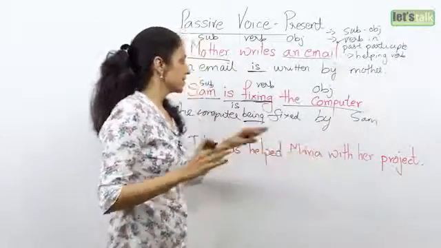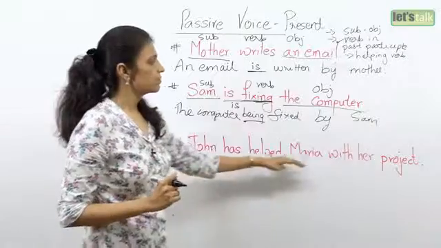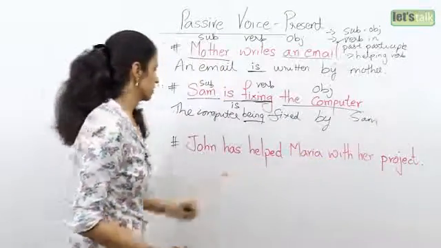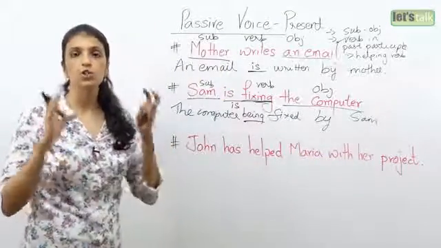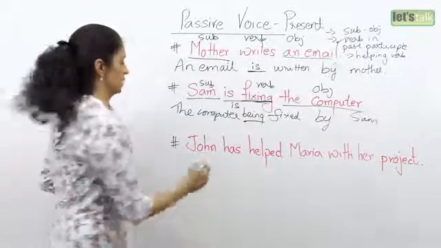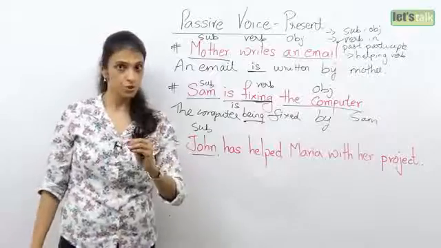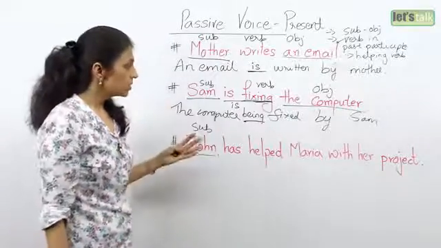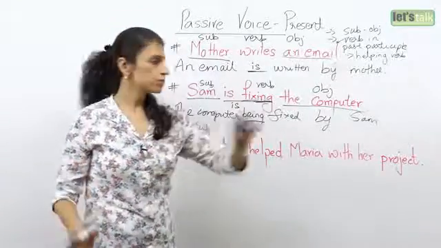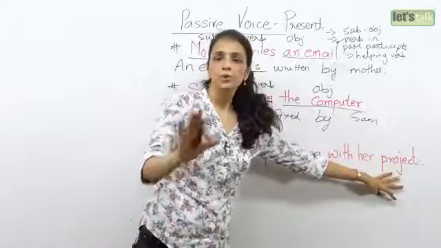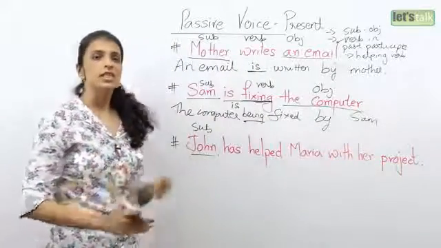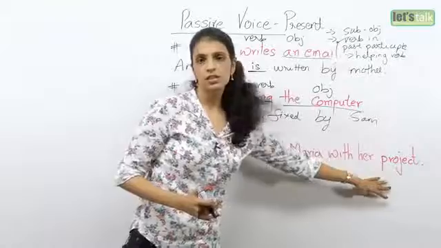Okay, and the last sentence, John has helped Maria with her project. So again ask the question, who is doing the action? You have John. Now this is a tricky one. What is the object? A lot of people would say her project. But well friends, ask the question, is the action done on the project?